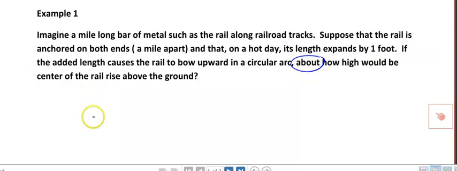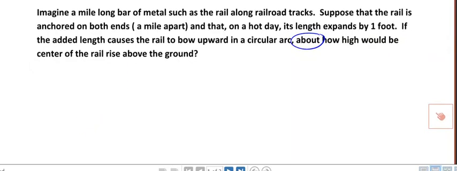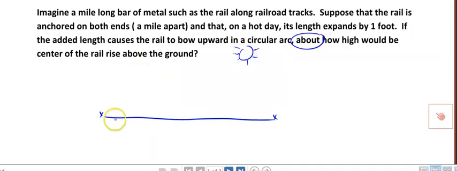So let me just draw a quick little diagram. We've got a piece of steel that's 1 mile long, and it's anchored on both ends. And in the hot sun, this rail is going to bow towards the center to the sky and leave you with an arc.